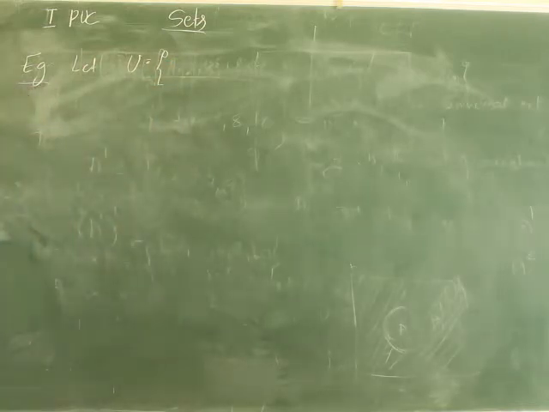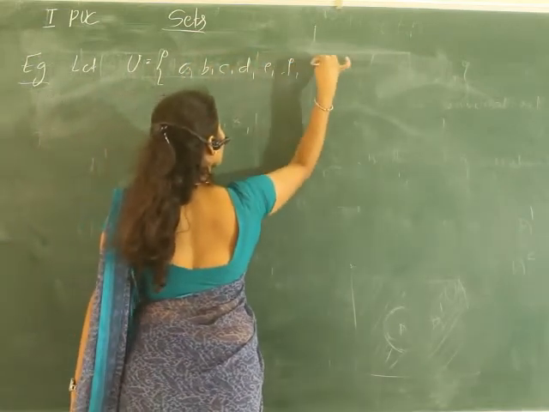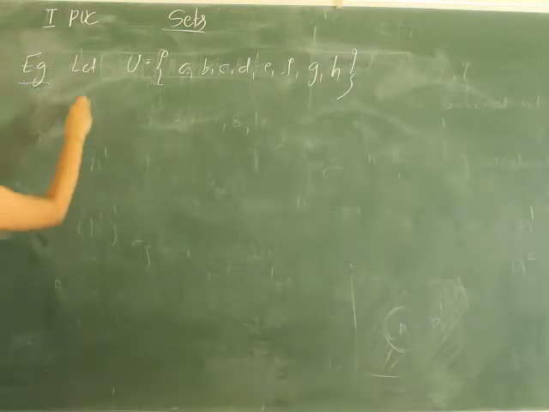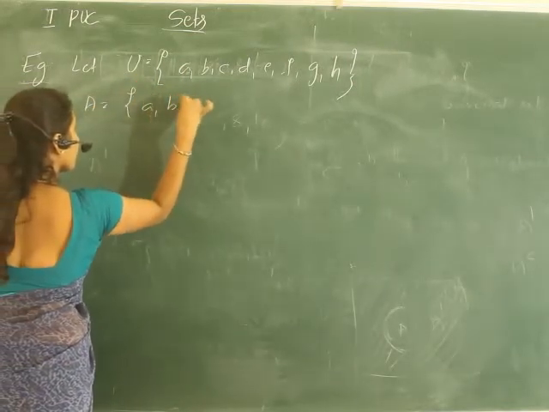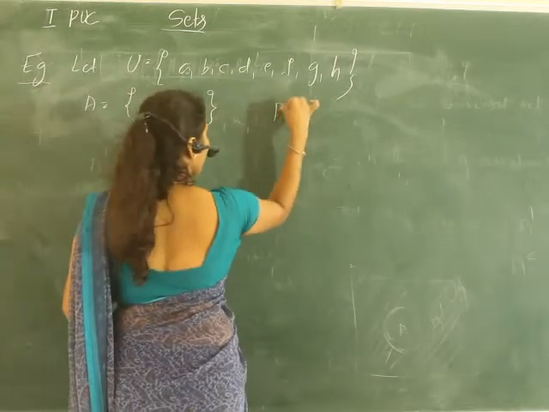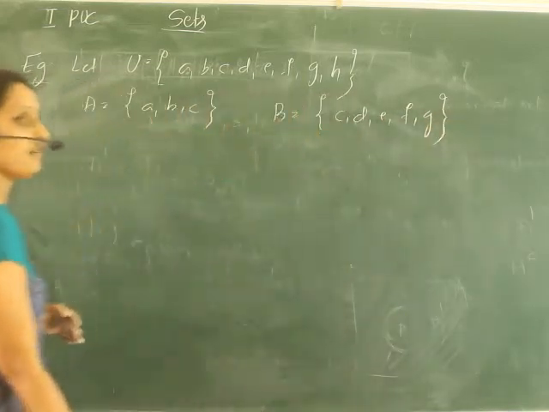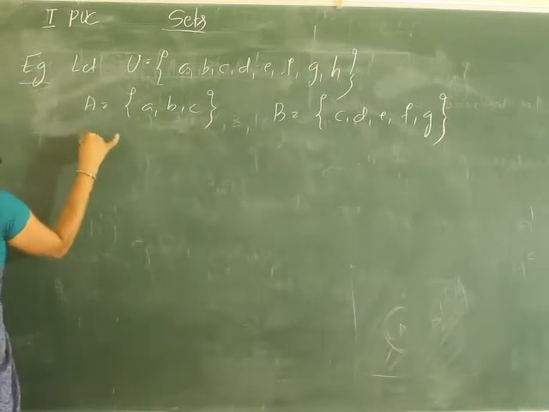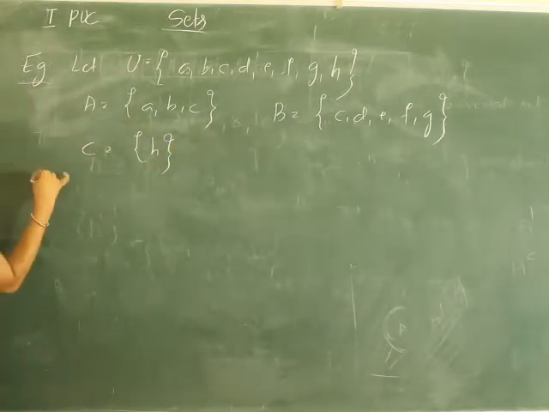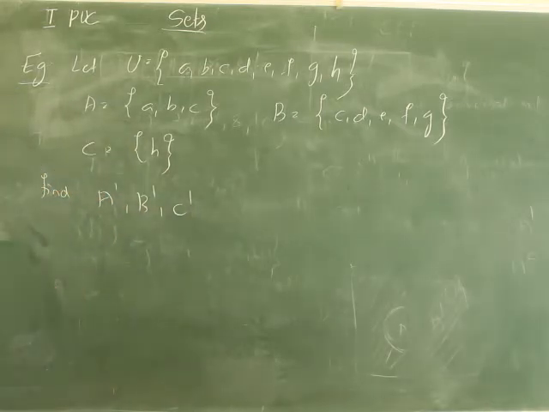U is equal to A, B, C, D, E, F, G, H, and A is A, B, C. B is C, D, E, F, G and C is H. Next calculate A complement, B complement, C complement.